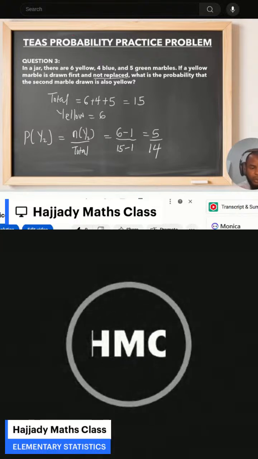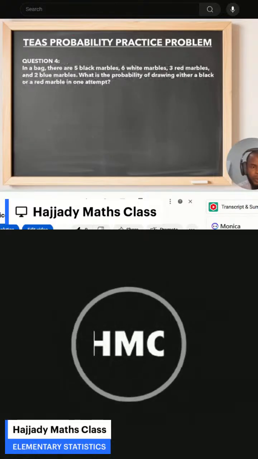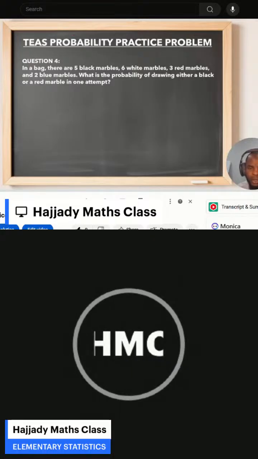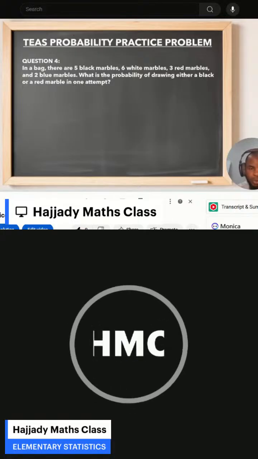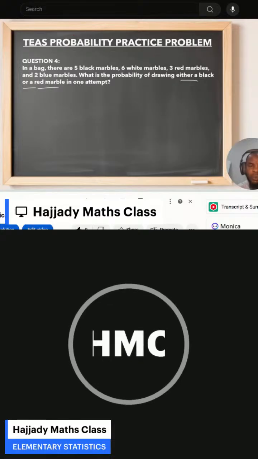Question number 4. It says, in a bag, there are 5 black marbles, 6 white marbles, 3 red marbles, and 2 blue marbles. What is the probability of drawing either a black or a red marble in one attempt?